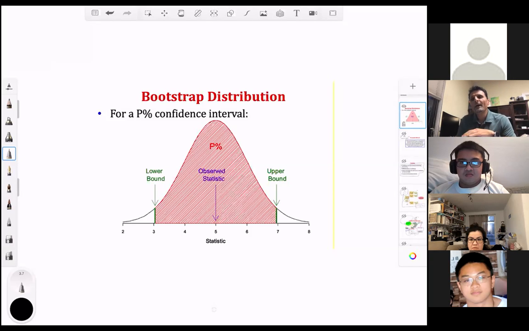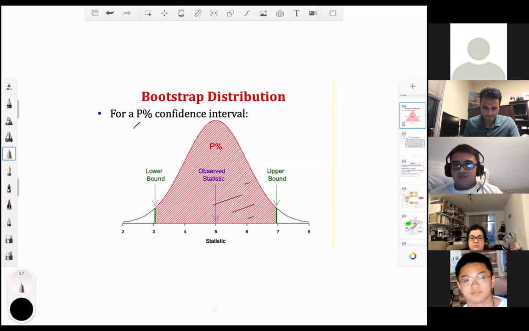Not all the time are we dealing with 95%. Sometimes it's 99% or 80% or 90%. Whatever P% is, this is going to be the center P%. If it was 95, this much will be 95%, and 5% is left, which we add from the two tails.